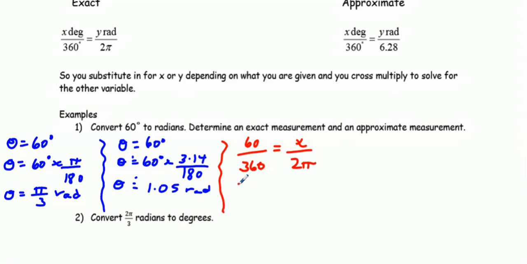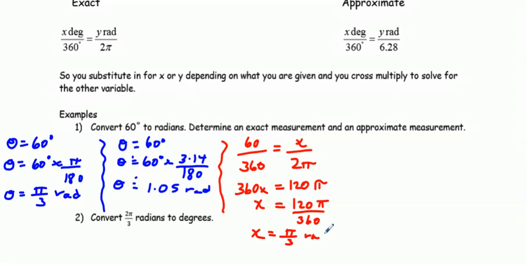When I cross multiply, this method is helpful if you don't want to memorize pi by 180 or 180 over pi, in case you get it mixed up. So this is going to be 120 pi over 360. This reduces down to pi by 3, which is what we got here. So this is pi by 3 radians.